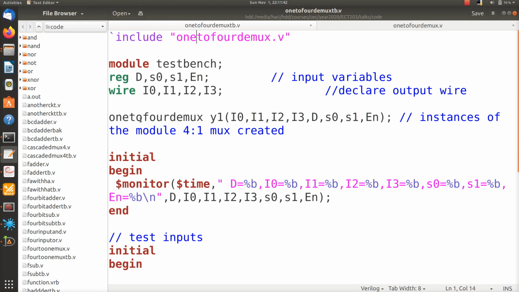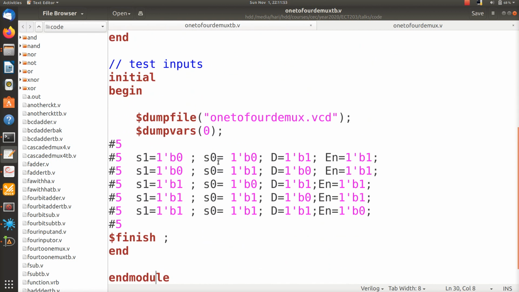Then I make an instance of the 1 to 4 demux this way: I0, I1, I2, I3, D, S0, S1, EN. Then I give these values, and I apply some patterns for S1, S0, D and enable. I have to keep this enable high for proper operation.